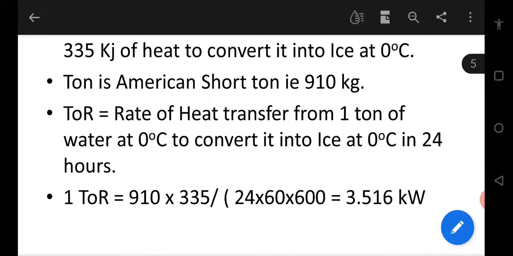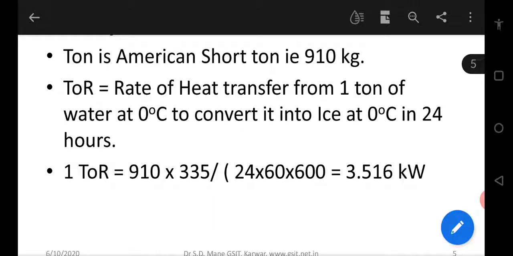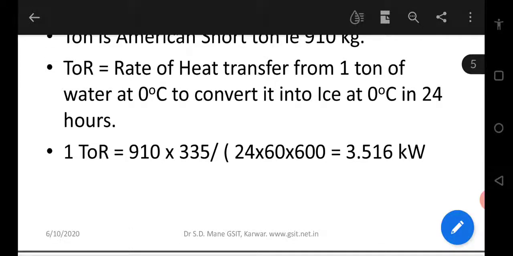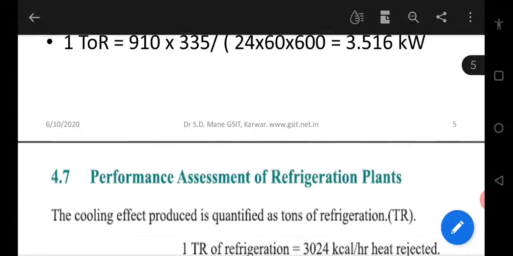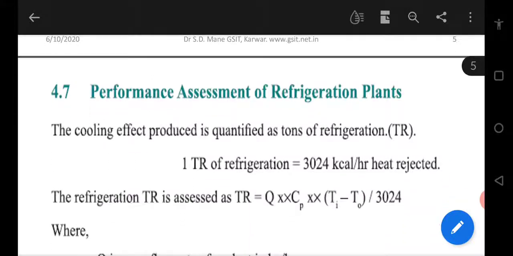Okay, so 1 ton of refrigeration is 910 kgs into 335 kilojoules per kg divided by 24 hours into 60 minutes into 60 seconds. Sorry, this has to be 60. So that gives around 3.5 kilowatt. So 1 ton refrigeration is 3.5 kilowatt. That you convert, it becomes 3024 kilocalories per hour.